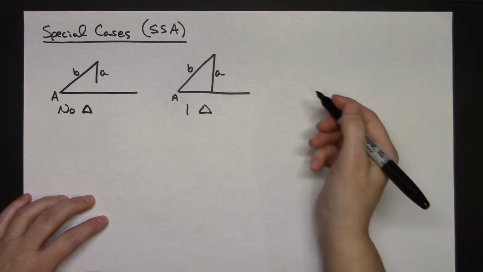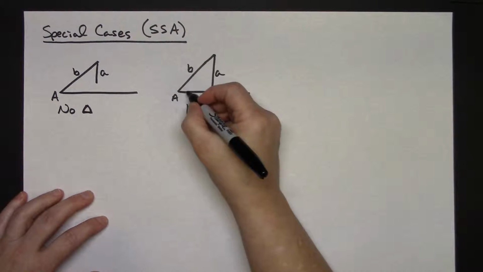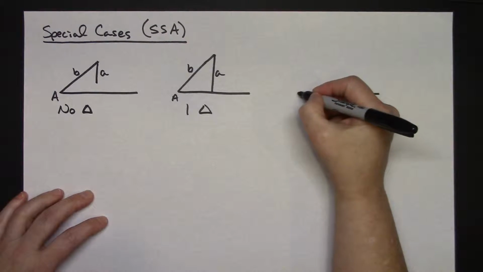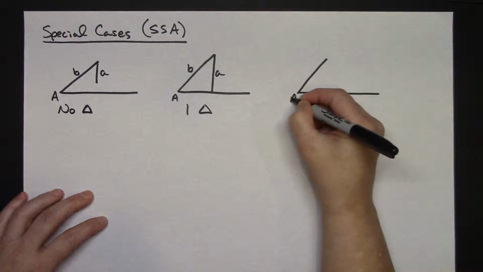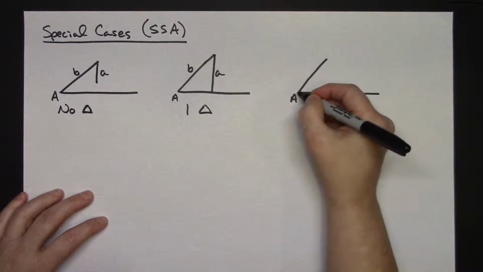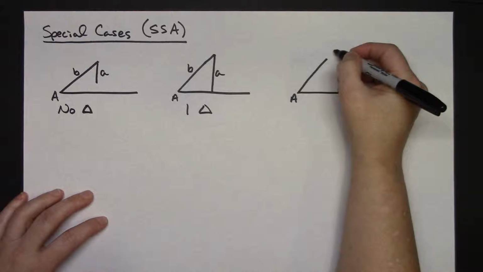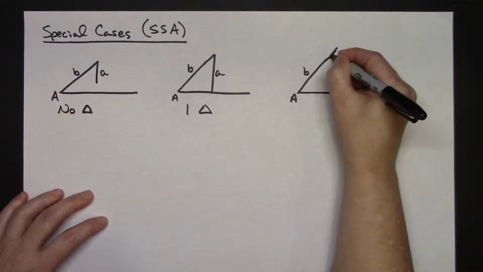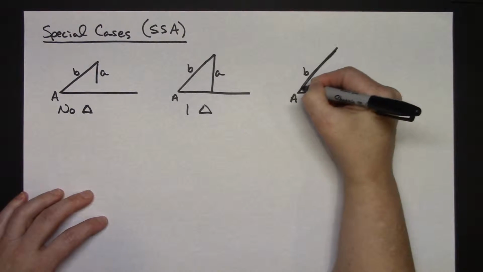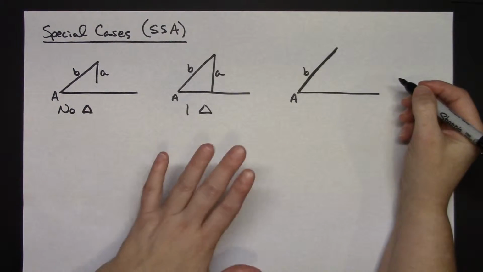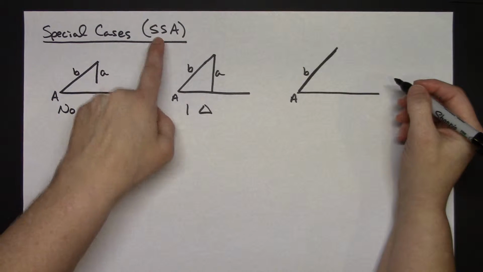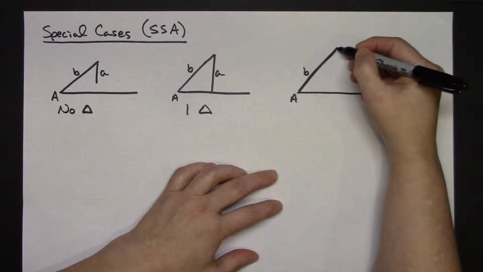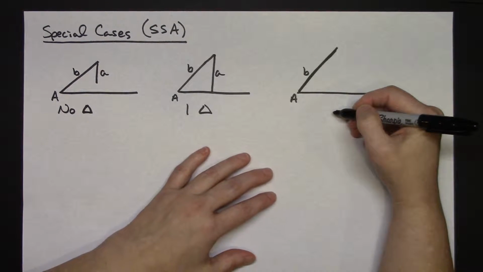Now, a third possible case: let's say again they give you an angle A. You start with a horizontal. You measure precisely up to whatever that angle is. So that's my angle A. When you are drawing this side, you are going to make it match one of those two sides precisely in your drawing. Let's go up a little bit higher just so I've got some room to play here. Now, the third possibility here is that other side might be too long. So if you attempted to draw it straight down, that's not going to work.